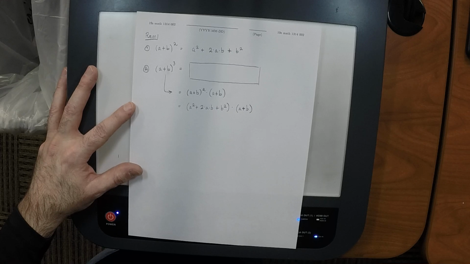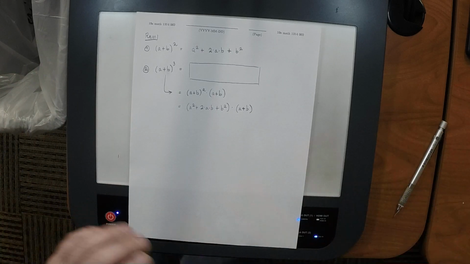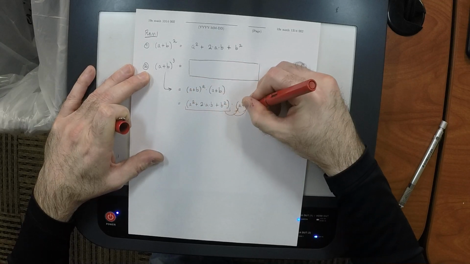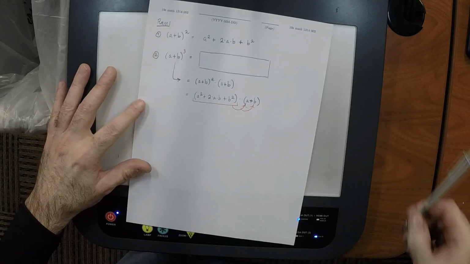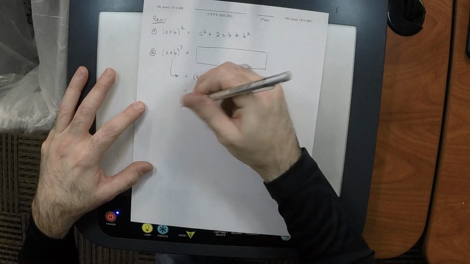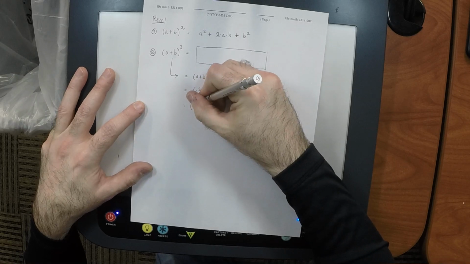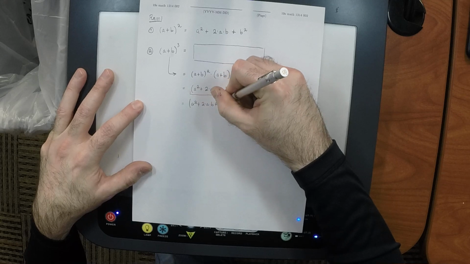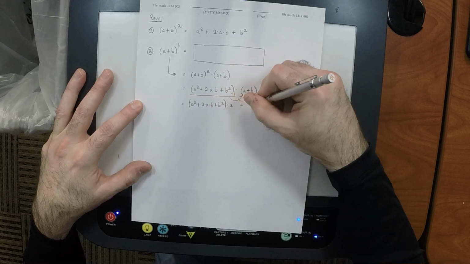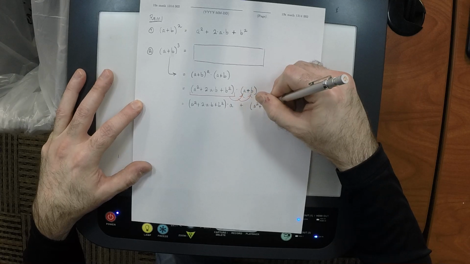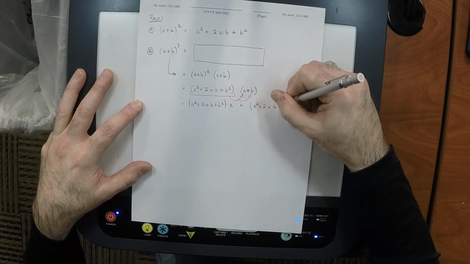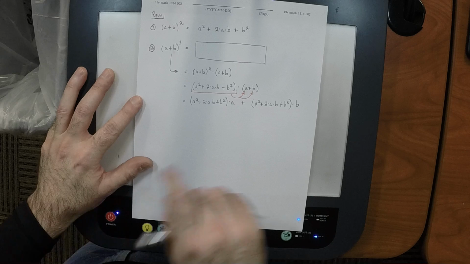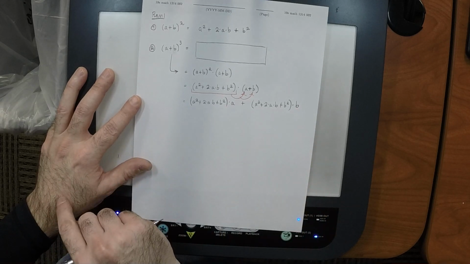Yeah, now we have to distribute, right? There's no better thing. So I'll distribute like this. It would look like a squared plus twice ab plus b squared multiplied by a, plus a squared plus twice ab plus b squared multiplied by b, and then just distribute this into there and this into there.